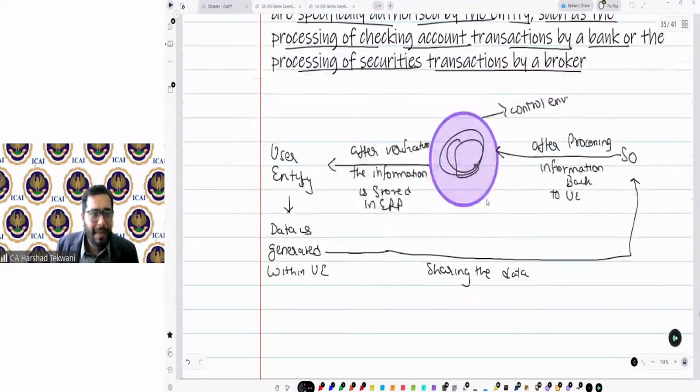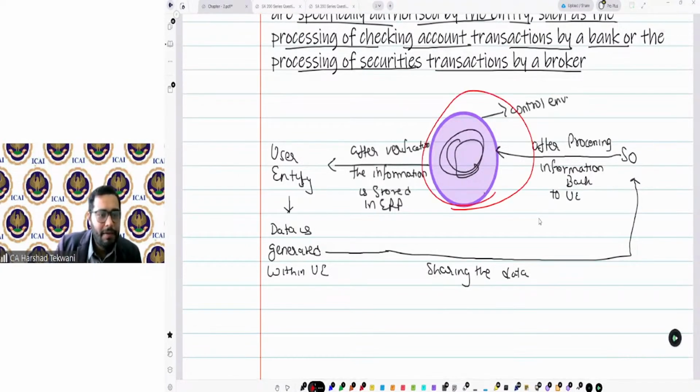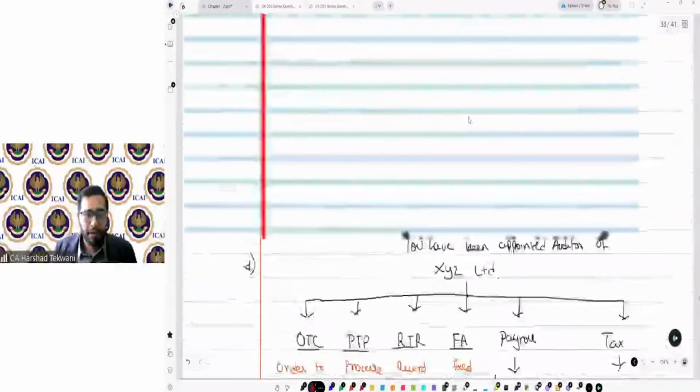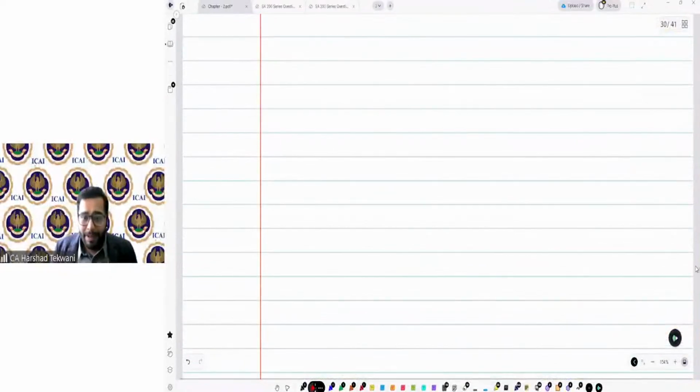But what if I say this control environment is missing? If this is not present, the direct information goes to the user entity, and the user entity does not have any internal controls on this information, or does not check the accuracy and completeness of the data. They rely upon the controls in the service organization, but they don't have information on that. That happens at times.